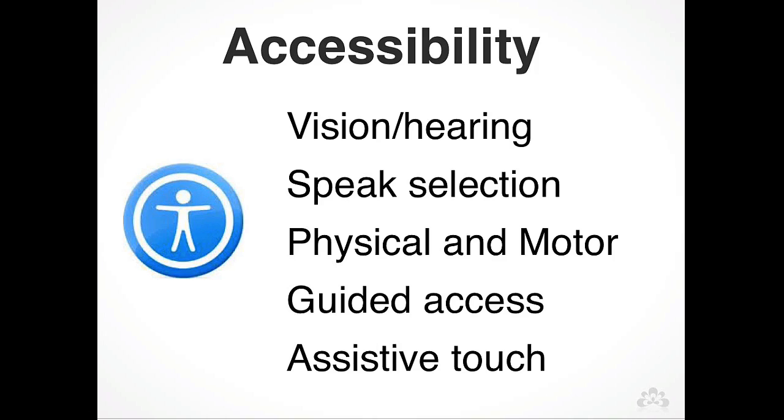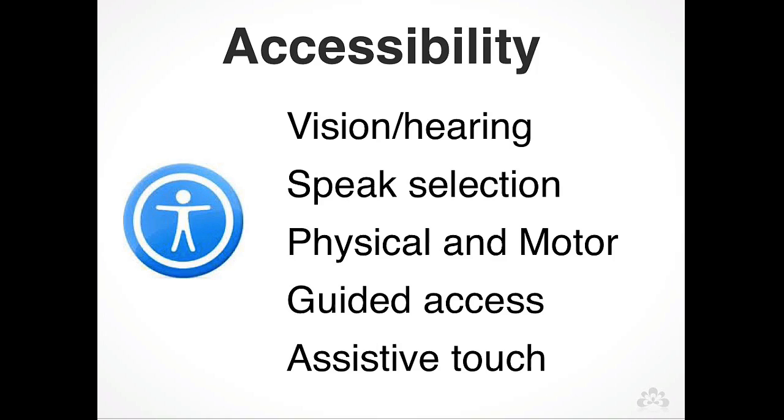However, we know that hearing text spoken aloud can be really helpful for our students with reading difficulties and learning disabilities. We'll also look at one of the newest features, which is guided access, which has been included as part of the iOS 6 operating system.